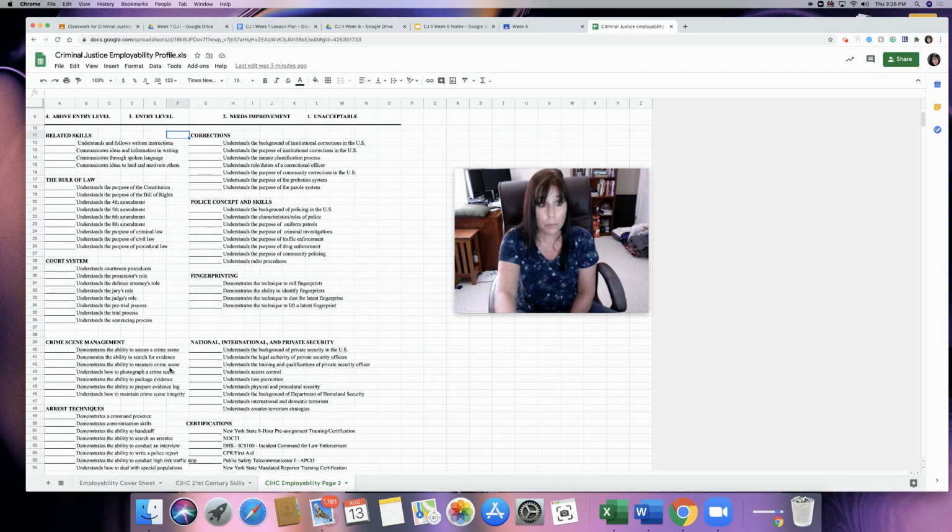Going down, they have crime scene management. Demonstrates the ability to secure a crime scene. Demonstrates the ability to search for evidence. Demonstrates the ability to measure a crime scene. Photograph a crime scene. Ability to package evidence. Ability to prepare an evidence log. And understands how to maintain crime scene integrity.